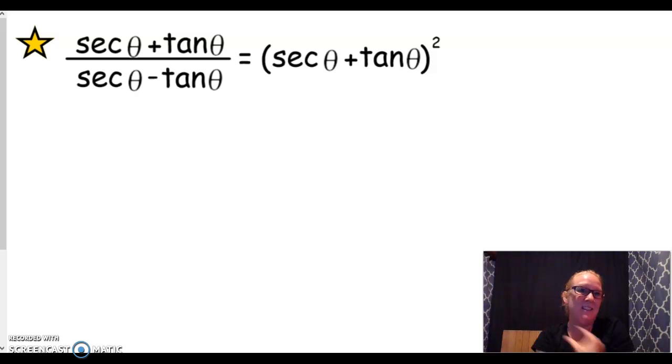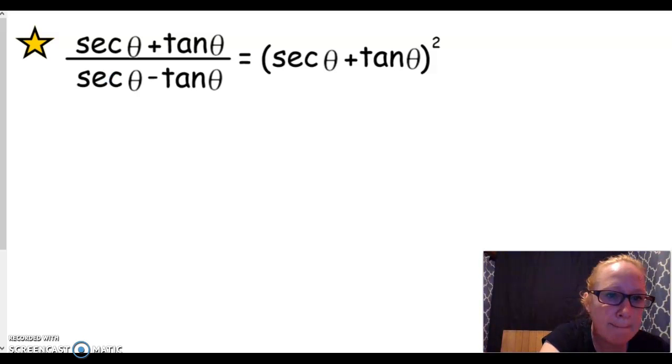Okay, I think the left is more complex. So I'm going to go for, oh, I see it. Okay, so I'm going to multiply by the conjugate down here. So that's going to give me a secant squared minus tangent squared. So secant theta plus tangent theta, and then the same on top.